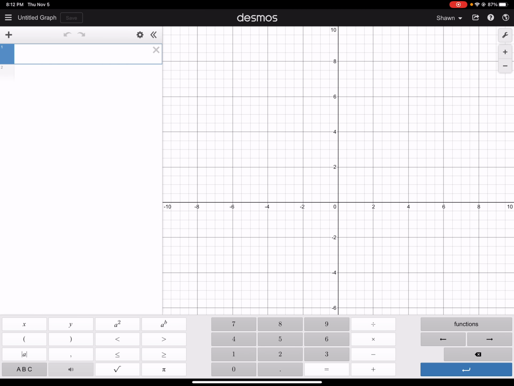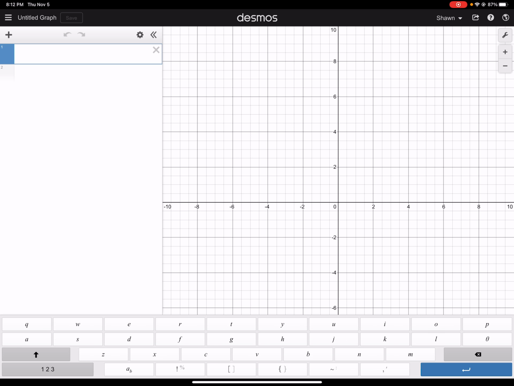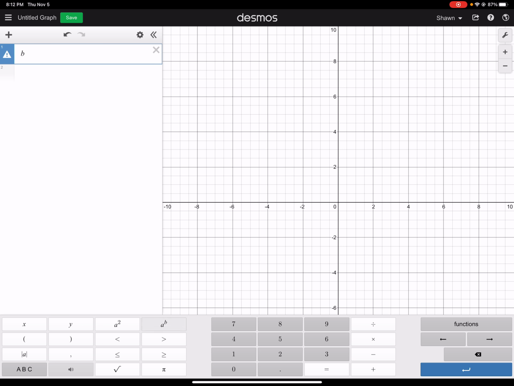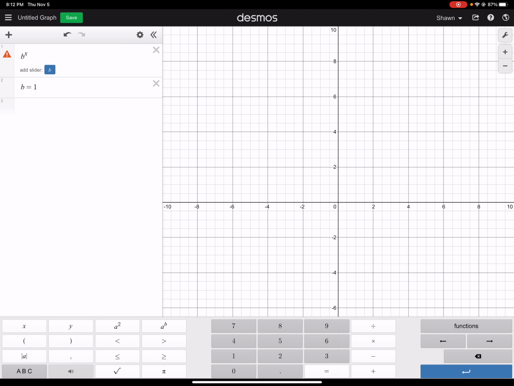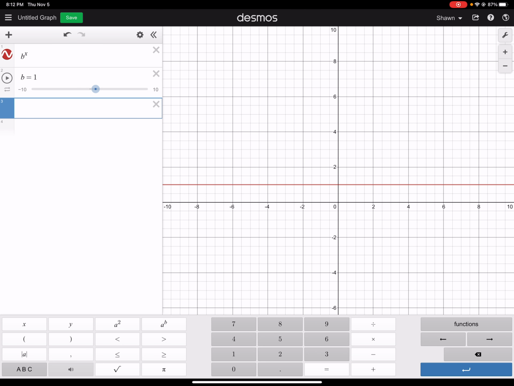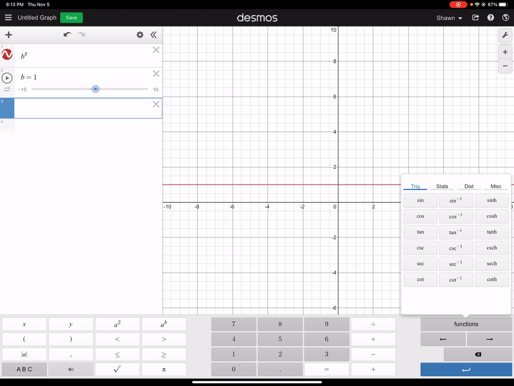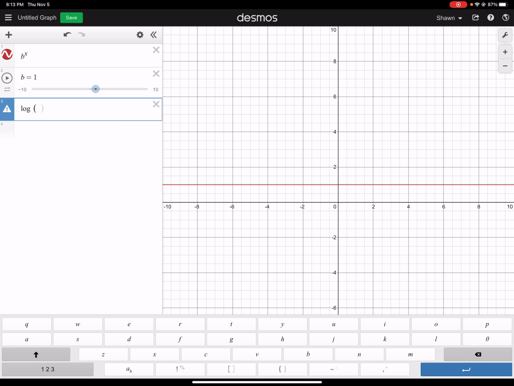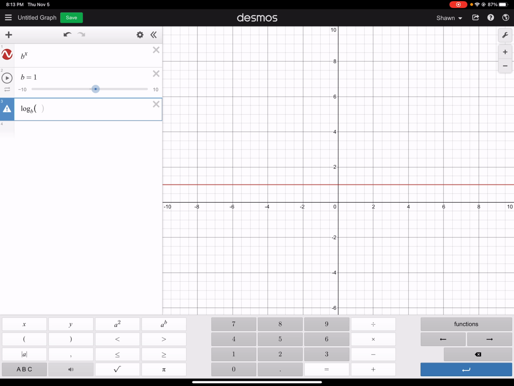Here, I'm going to say b to the x, add a slider for b, and then here I'm going to go functions and miscellaneous log, and I'm going to make the base b for x.